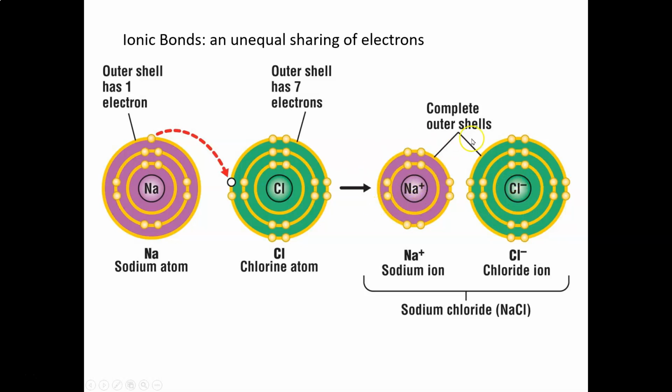Sodium gave up an electron, so now sodium is positively charged. I used to try to explain it by saying sodium got rid of something that it didn't want, so now it's positive. Like, hey, somebody paid your tuition and that would be positive. That really didn't connect and work out for students.